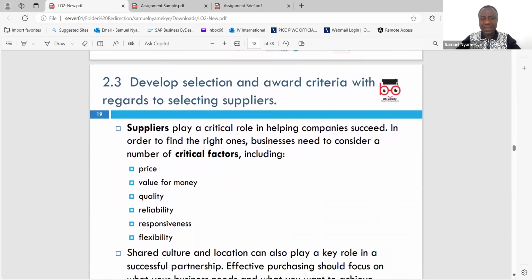On the selection process, the criteria, we are saying that when you are looking at selecting a supplier, the things that you should be looking at are a lot. And you should be aware of all these to be able to make the right selection. Some of them include the price. Are they giving us good prices?